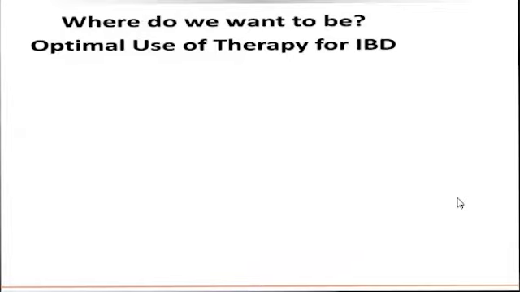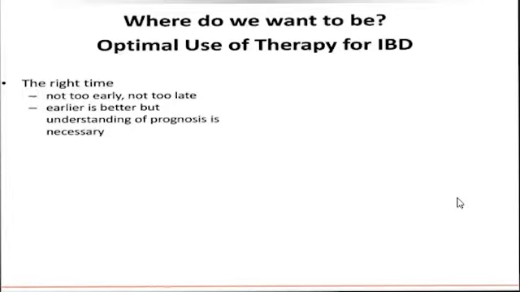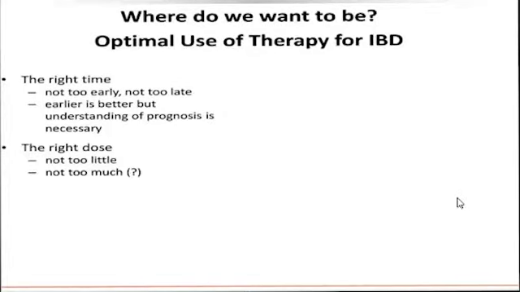Where do you want to be? What is our target? Optimize the therapy. Actually, we need to have the right time. Right time means not too early or not too late, and earlier is better than late. Understanding the prognosis of the disease matters as well.